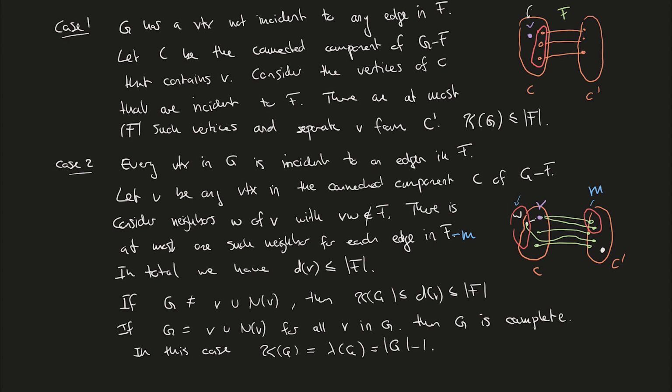So in this case, also the inequality that we want to prove, namely that the vertex connectivity is less than or equal to the edge connectivity, holds in this special case. With that, we've covered all the cases that are possible, and in each case we've shown the desired inequality, so we're done with the proof.